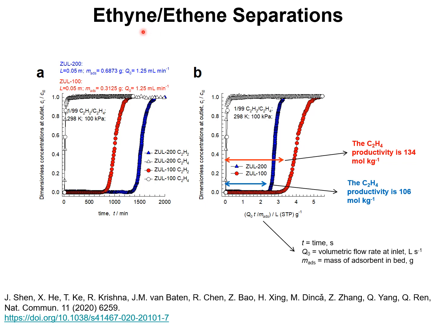Typical compositions of ethyne-ethene mixtures that need to be separated are 1 portion of ethyne to 99 portions of ethene.